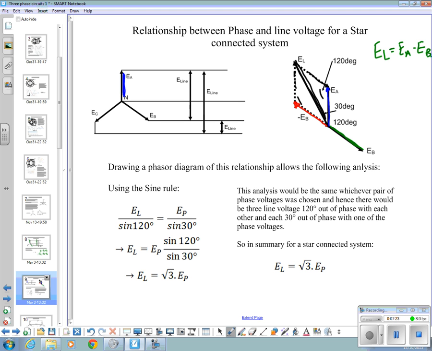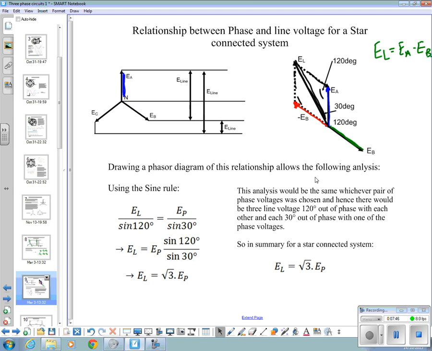So those two are 60, split in the middle has to be 30 degrees by geometry. Alright, so what we've got here is a line voltage that's 30 degrees out of phase with one of the phase voltages that's creating it.